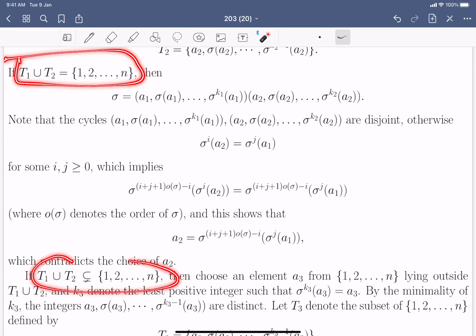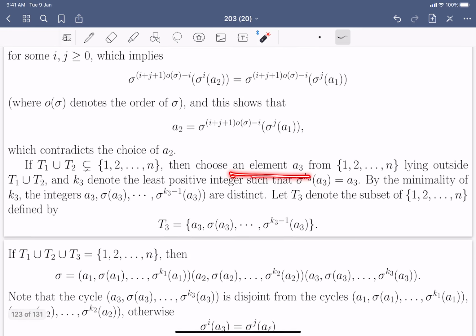And again, you need to now look at the situation when t1 and t2 all together don't give you all the integers from 1 up to n, and in that case we apply the similar argument. We choose an element a3 from this set 1 up to n that is not among this list of integers t1 and t2, okay, and we look at the smallest positive integer k3 such that sigma applied to a3 k3 many times gives you a3 back, okay.